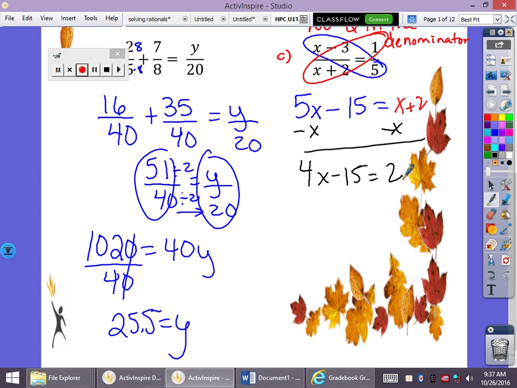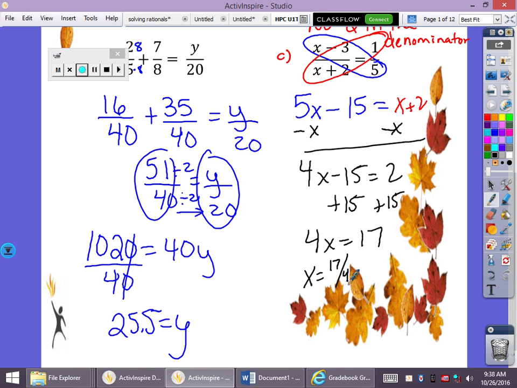I did it in one step before, but for some people, it's better if I show all my work. So 4x equals 17. Therefore, x equals 17 over 4. Problem done. And you can leave it as a fraction. It is 4.25. You don't have to do that extra step, but good job.